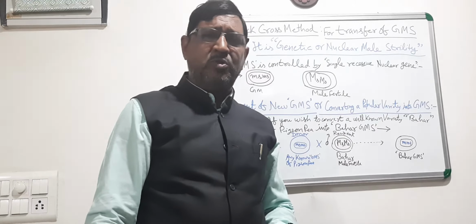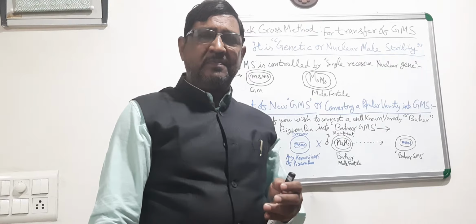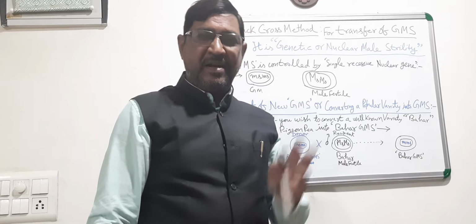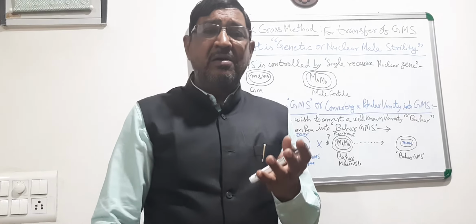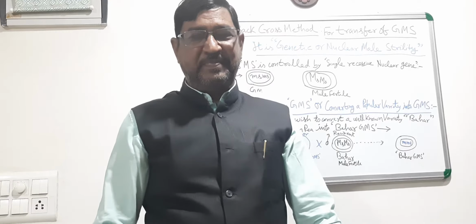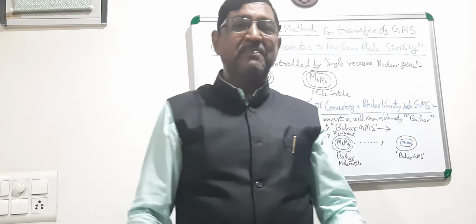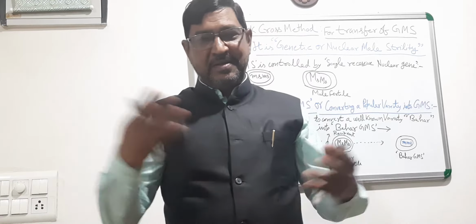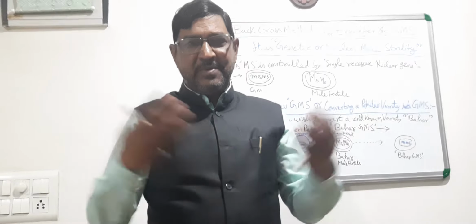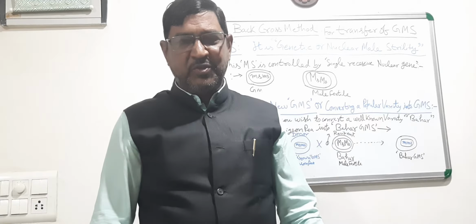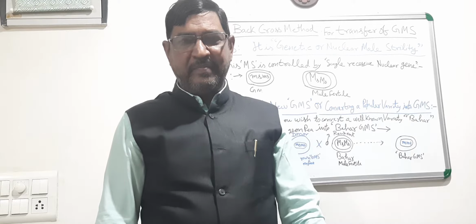As for example, in pigeon pea, whatever hybrids were developed earlier were all GMS based. Of course, there are many problems, and because of that we have shifted from GMS pigeon pea to CGMS pigeon pea.